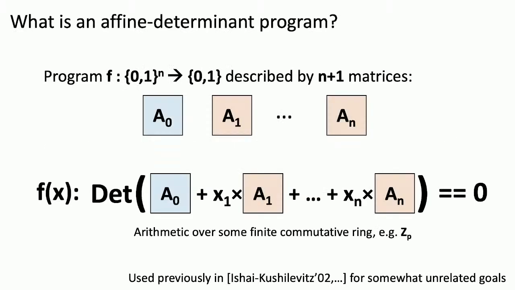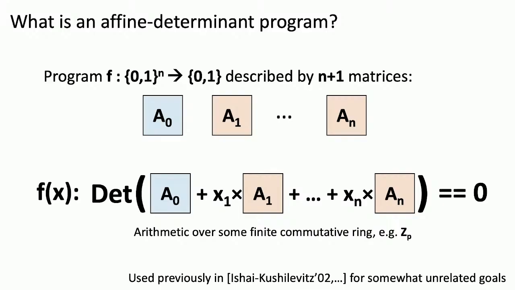Okay. And the thing that we looked at are what we called affine determinant programs. So what is an affine determinant program? Your program is specified by n+1 matrices, where n is the number of input bits. And to evaluate the program is very simple. You just take the linear combination of your matrices corresponding to your input bits.